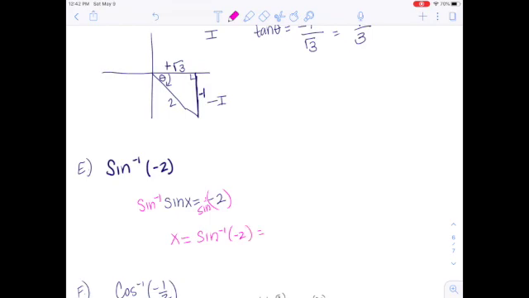You get x is equal to sine inverse of -2, and -2 is technically outside of the range of sine, so you get a domain error, aka there is no angle that has a sine value of -2, so does not exist. Your -2 is outside of the range of sine.